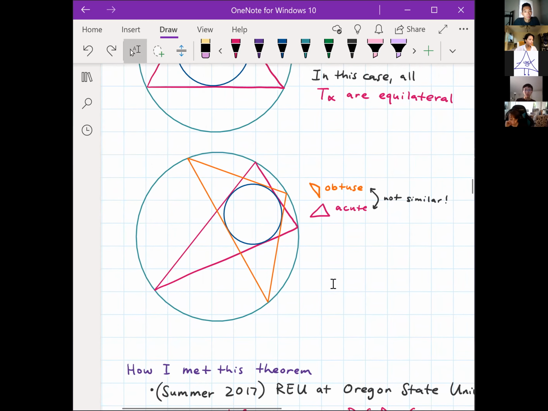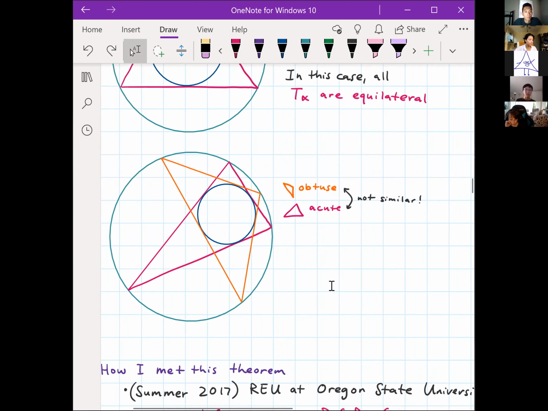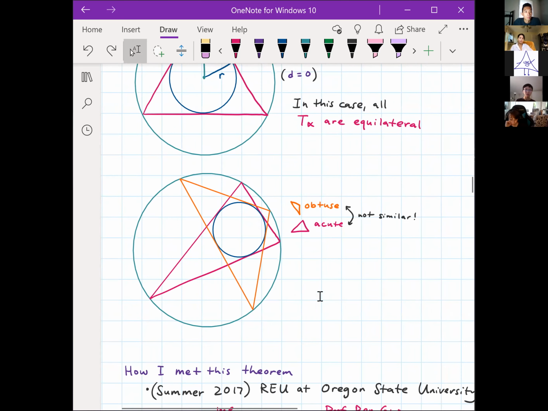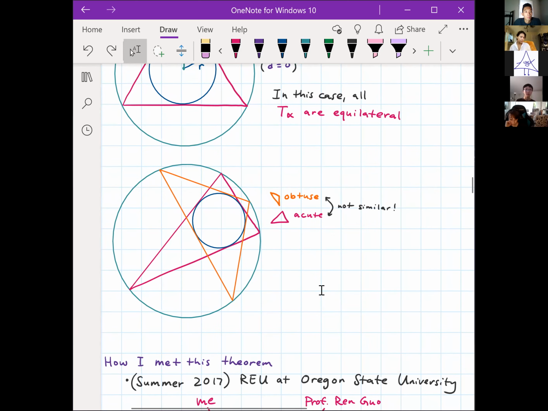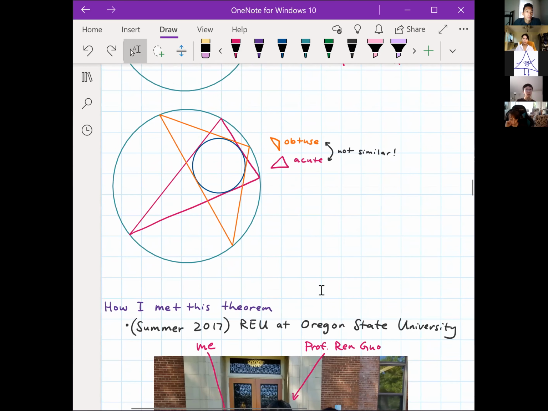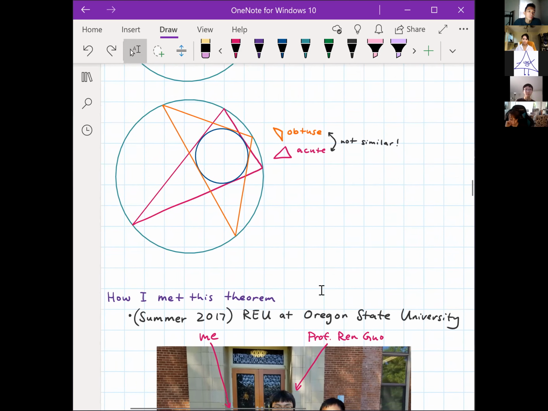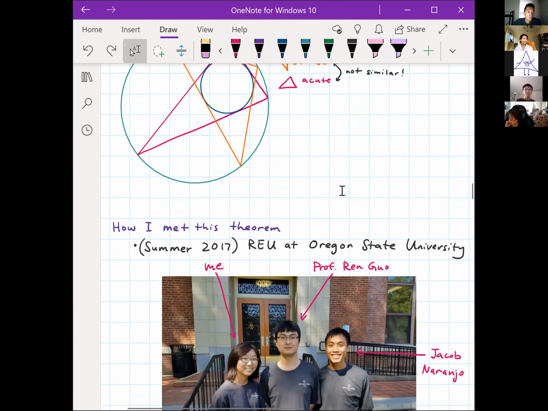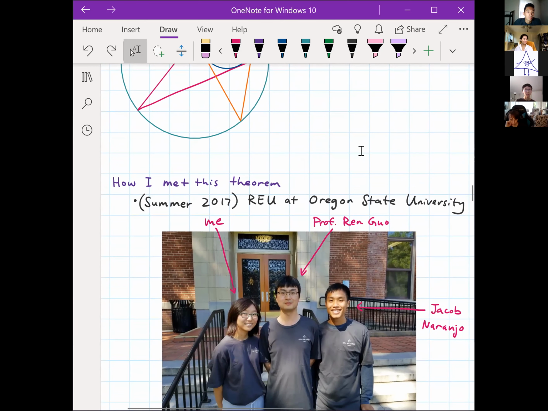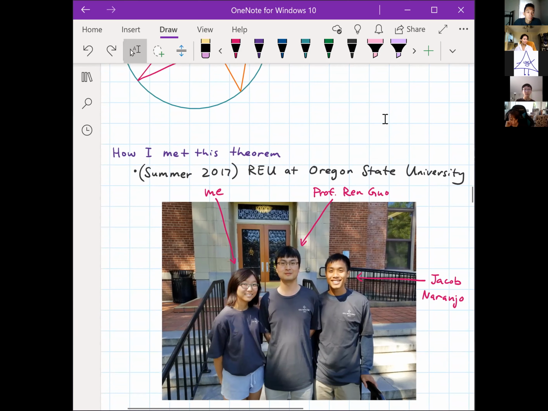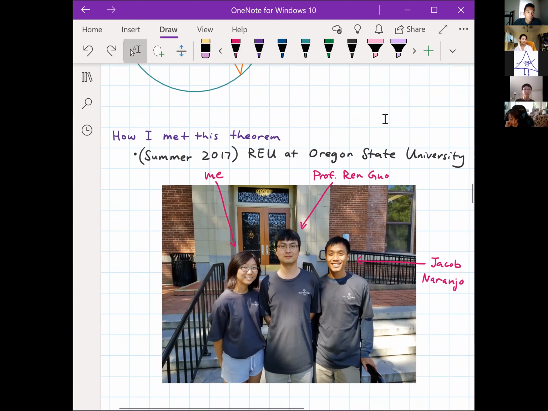Now I want to talk a little bit about how I actually came across this theorem for the first time. This is also the part where we'll talk about some non-Euclidean geometry. In the summer of 2017, I was doing an REU at Oregon State University.